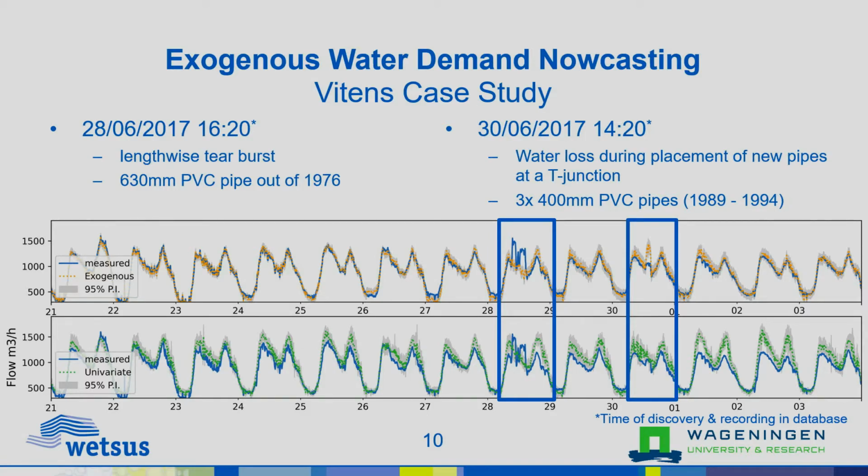So we'll have a lot of false alarms, and you won't be able to be certain which of these alarms is actually a burst and which is a false positive. The top exogenous method shows more capacity to fit all these factors, social and demographic factors that have an influence on the water demand, while still retaining its capacity to detect bursts and having a way lower false positive rate.